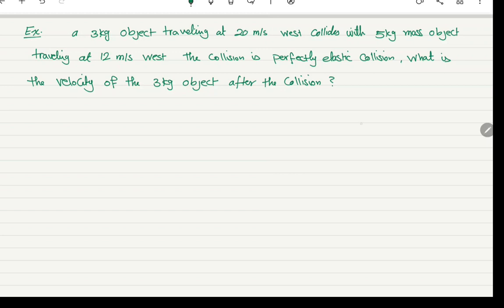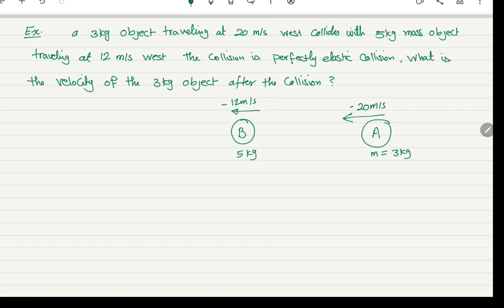So let's have object A and object B. Object A is moving to the west with velocity 20 meters per second. It has to be negative. And object B is moving to the west with 12 meters per second. Again, it's negative. The mass of A is 3 kilograms, and the mass of B is 5 kilograms.